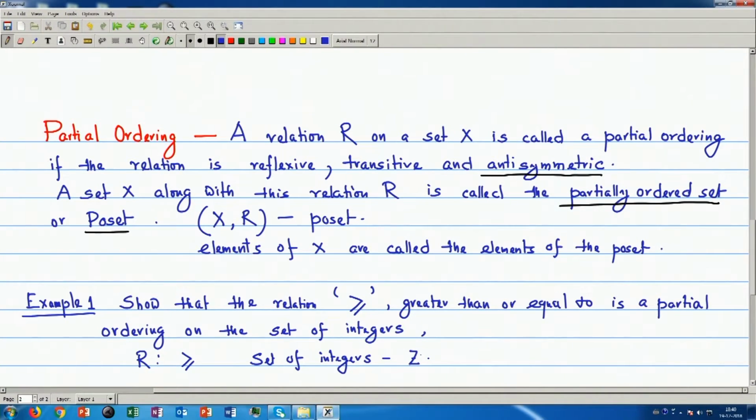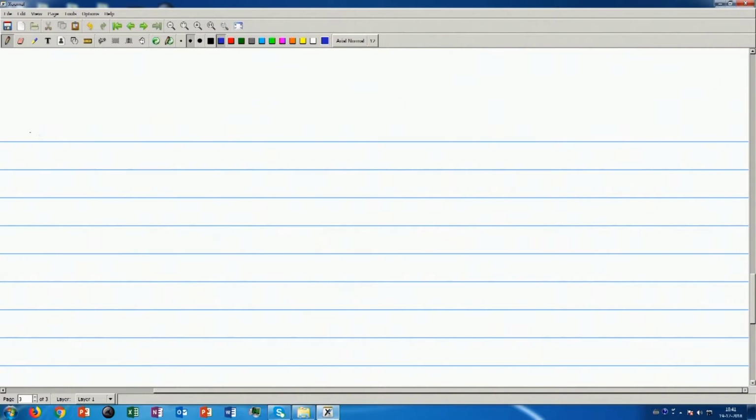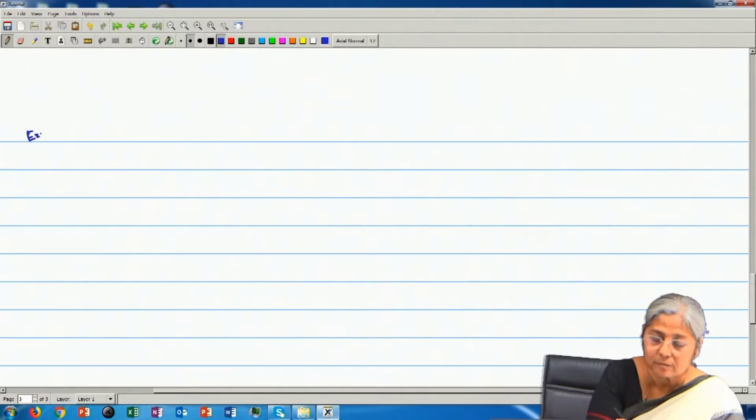Now, see what properties the relation holds. Previous example 1 continued.